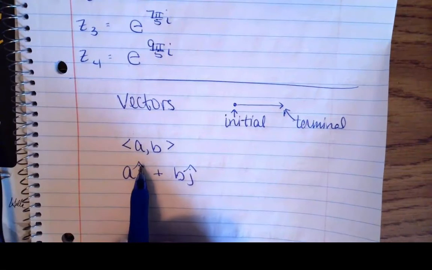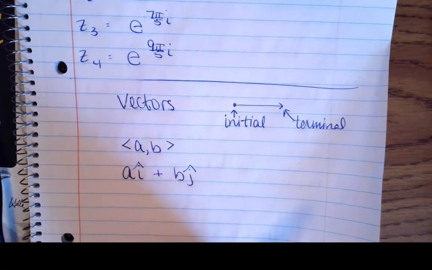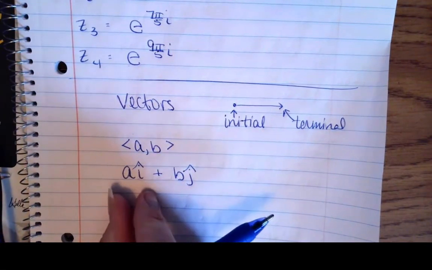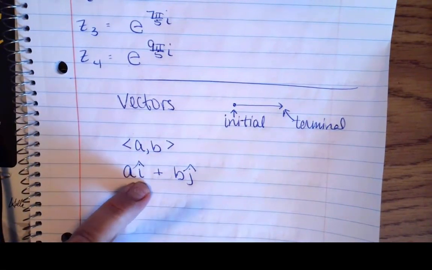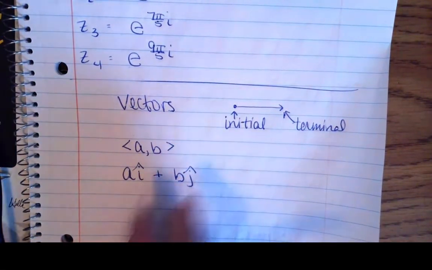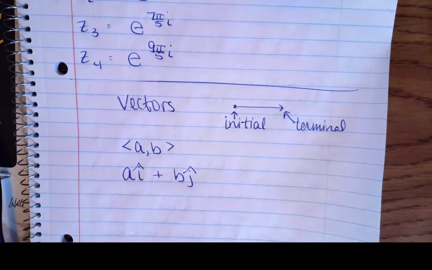And notice I put little hats on my i's and j's. First of all, this is not the imaginary i. This is a position. It's telling you where to go. So i tells you left, right. j tells you up, down. And when you're seeing it typed, you'll notice that it's bolded.